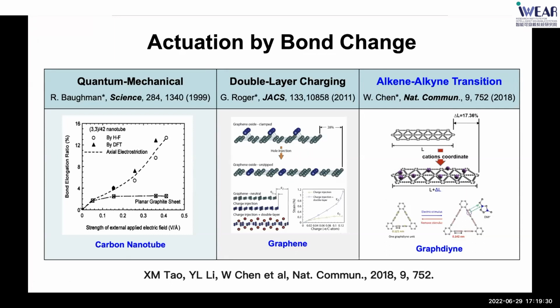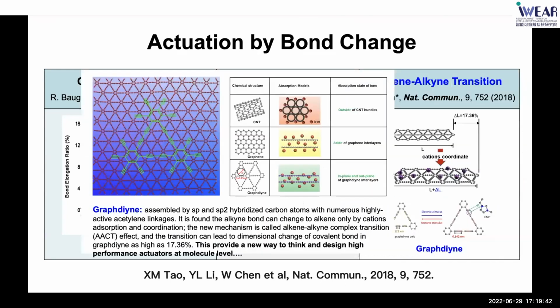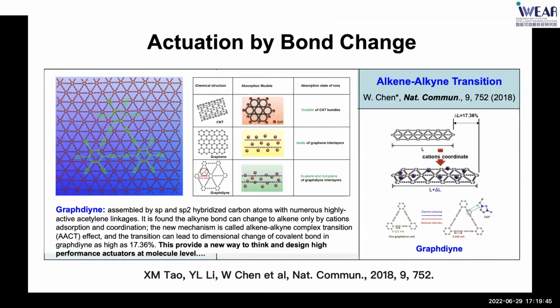Recently, we reported a new carbon and a new mechanism by which the actuation can be realized under very mild conditions. Here the new carbon is graphyne. Compared with CNT and graphene, graphyne has many highly active acetylene linkages, and also has very special absorption models and absorption states with the ions.